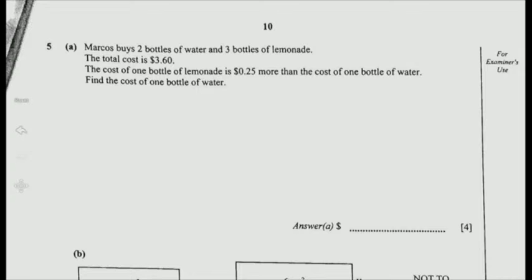So here is the first question. It's a question on algebra. Marcus buys 2 bottles of water and 3 bottles of lemonade. The total cost is $3.60.